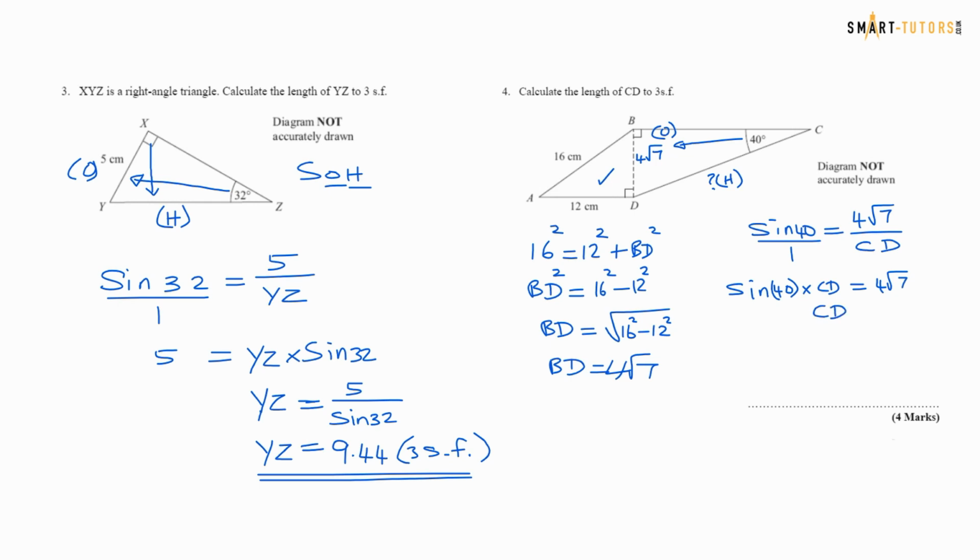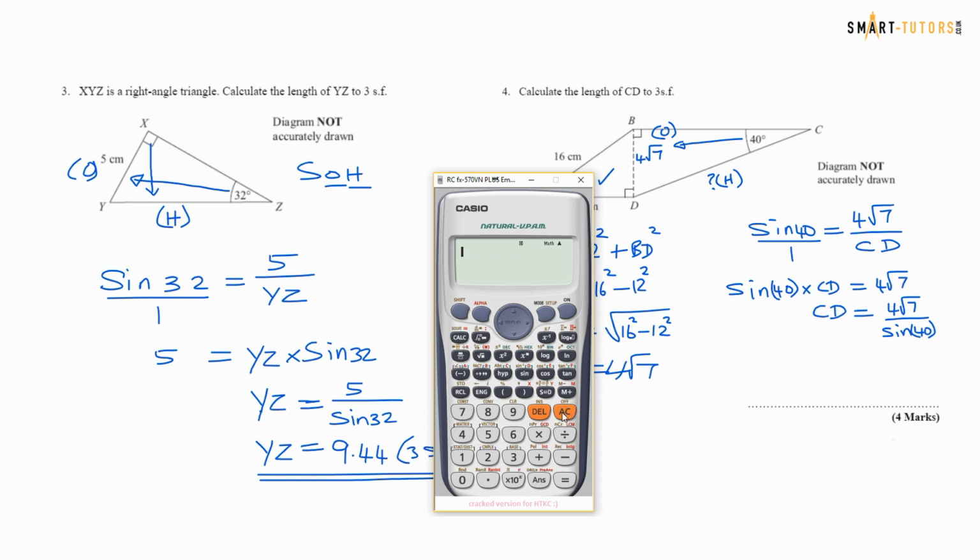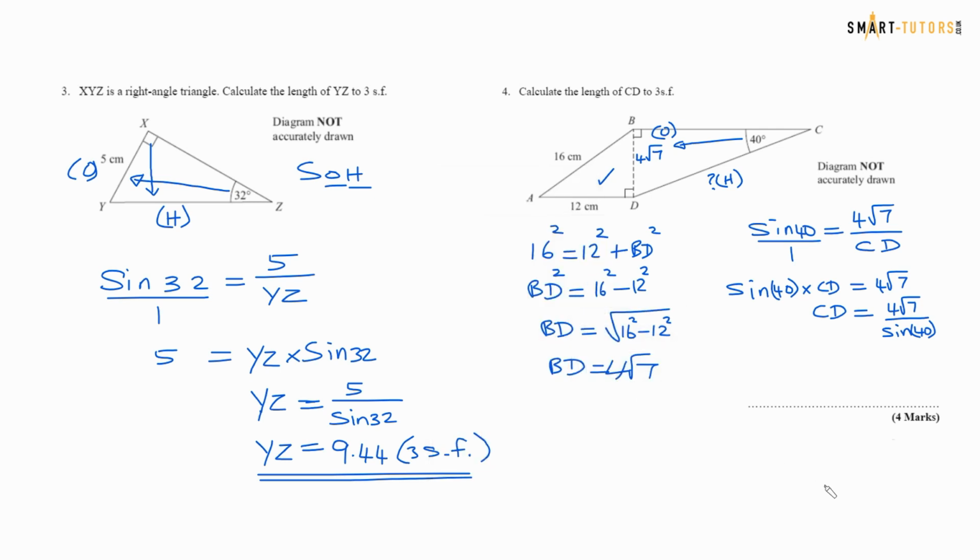So CD equals 4 root 7 divided by sine 40. Use the calculator to find the answer: 4 root 7 divided by sine 40, which gives 16.46. So 16.5 is the answer. CD equals 16.5.